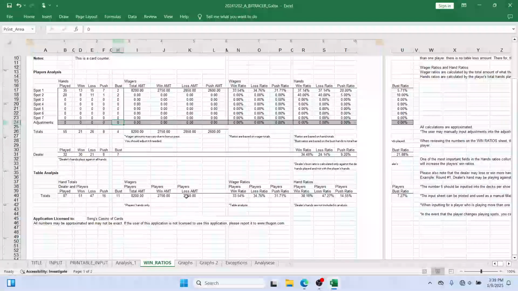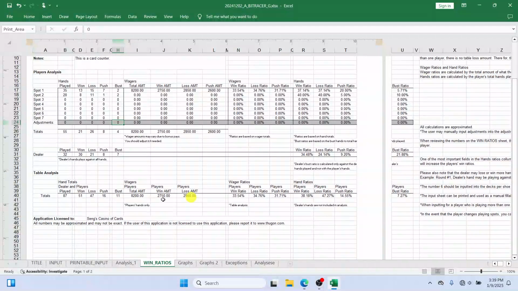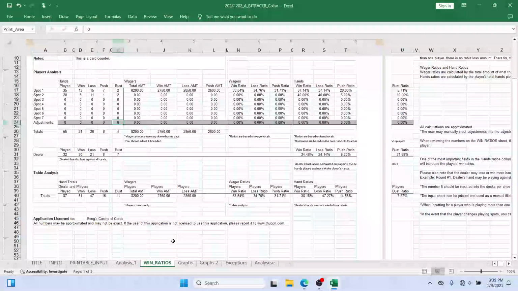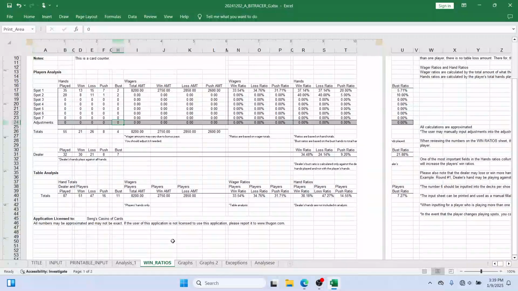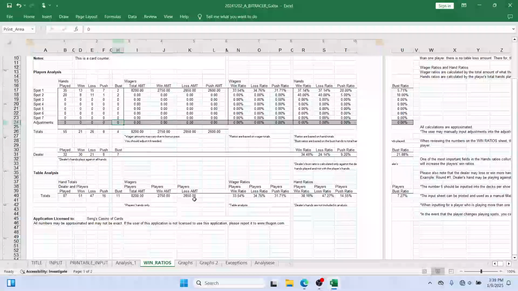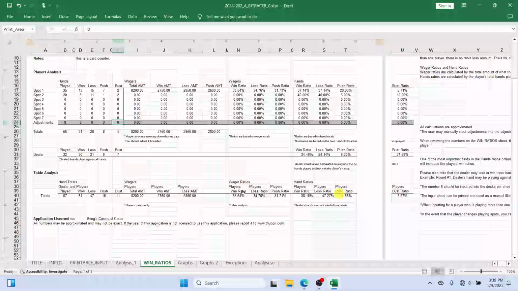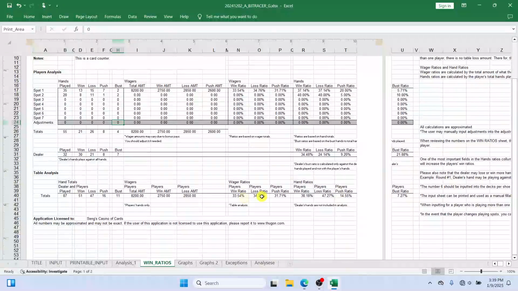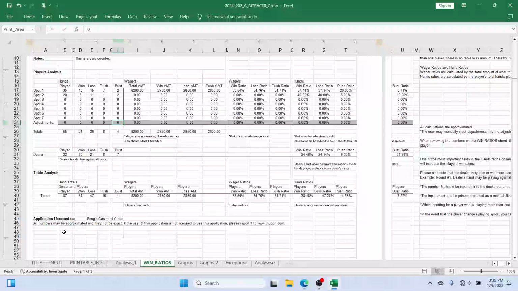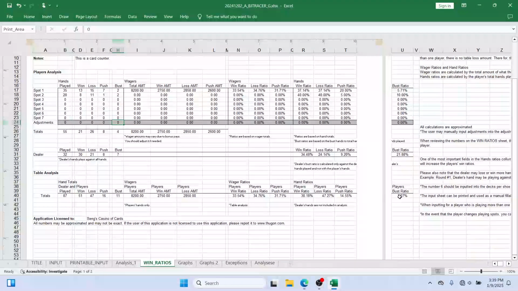If you look at this, all the players actually won less than what they lost, so it's a plus for the blackjack table. And of course it also has the win ratio, loss, push, and hand ratios as well, and then the bust ratio.